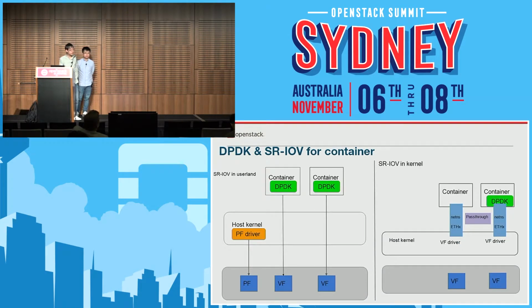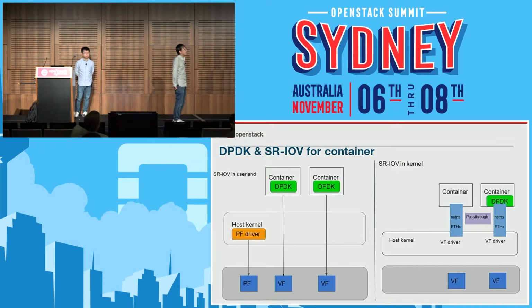So we can see from the two graphs how DPDK can be run inside the container. The left one is a DPDK application running inside the container as a process, but it is using the VF directly from the host.